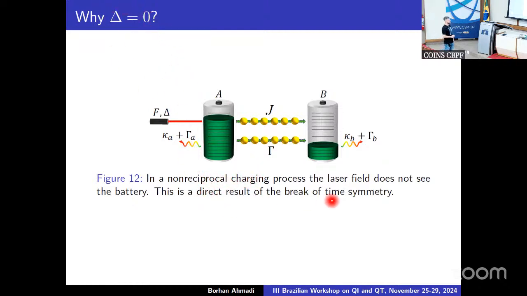Because when we have the non-reciprocal condition, energy flows only one way from charger to battery. So the battery sees the charger, but the charger doesn't see the battery. This causes the laser field not to see the whole system. The laser field only sees the charger, not the battery. So it's best for the laser field to tune itself to the charger. So zero detuning is the best.